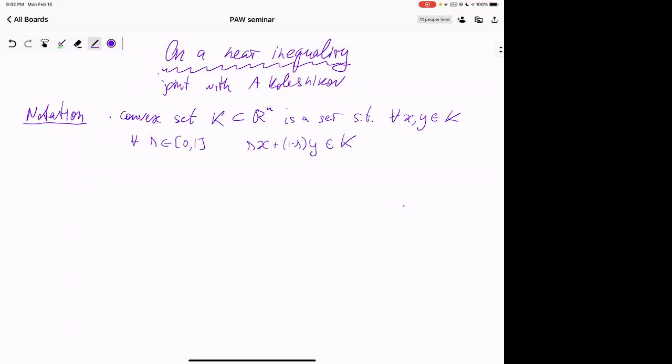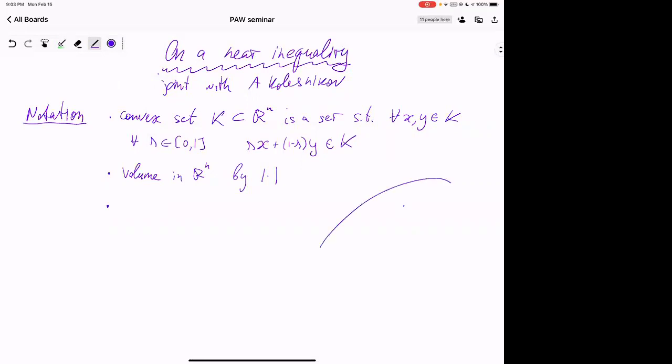So it's a convex set. I will denote volume in R^n by two sticks like this. Sometimes I will add an index, maybe to indicate the dimension.